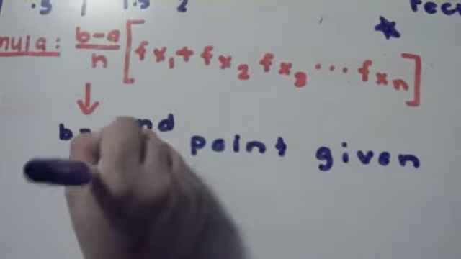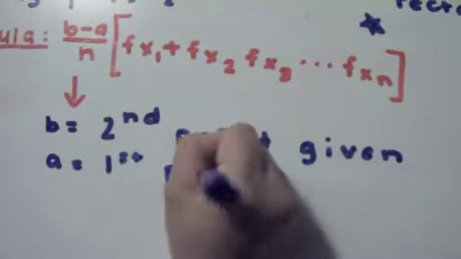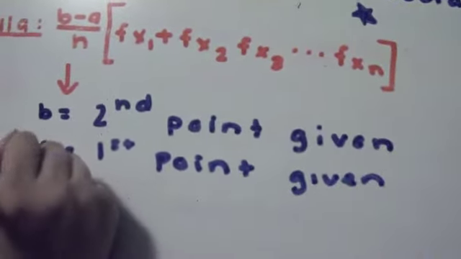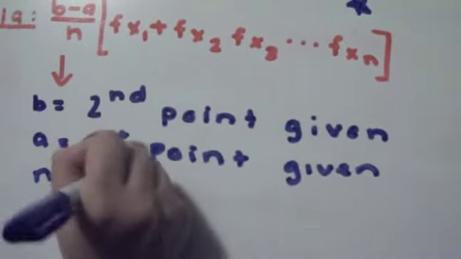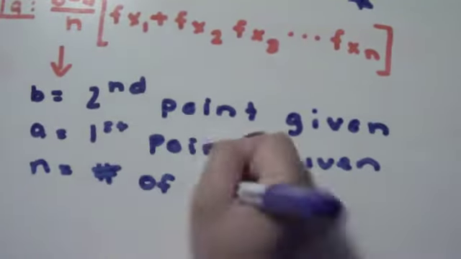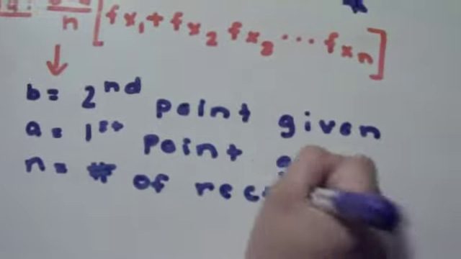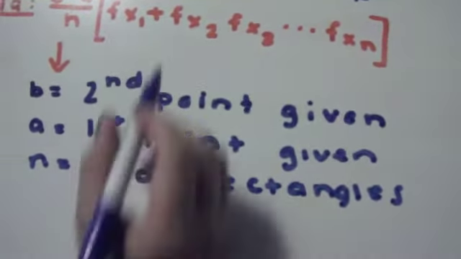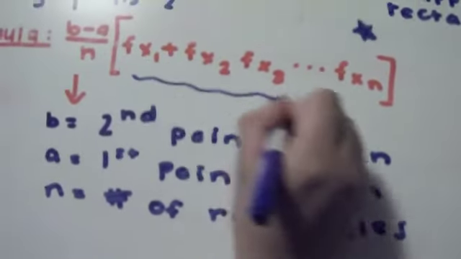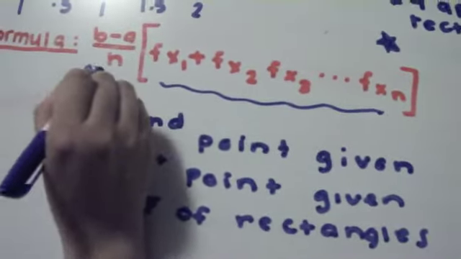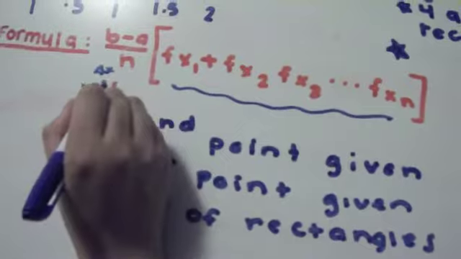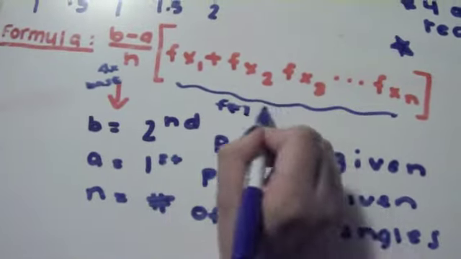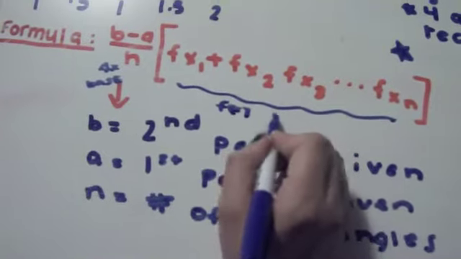A equals your first point given. N equals the number of rectangles given, how many rectangles you need. And then let's talk about this little fella. This is your delta x, which is your base. And this is your f of x, which is your y, also known as your height.